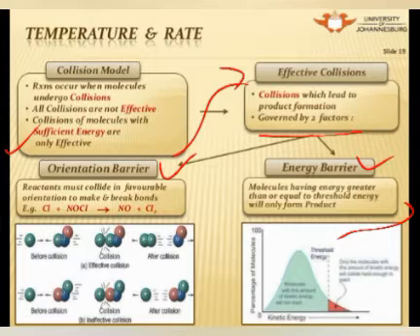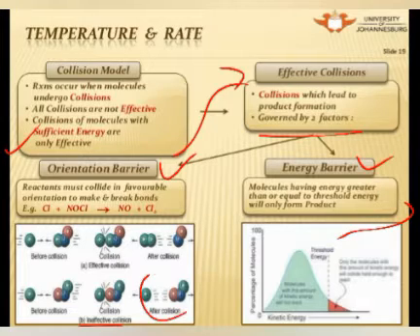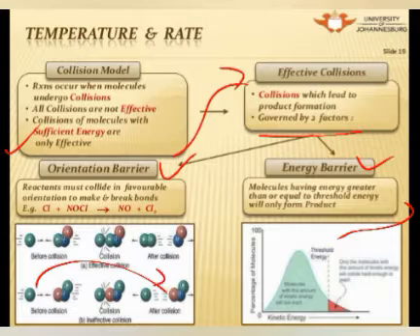Here you can see before collision molecules are like this, and after an effective collision it will form this kind of molecule. But in case of ineffective collision there is no product, so no reaction forms. This will remain the same as the reactant.